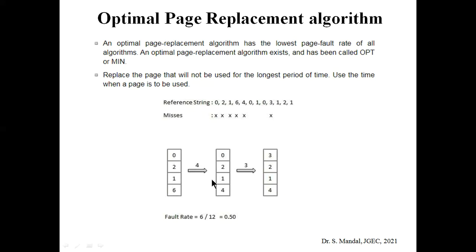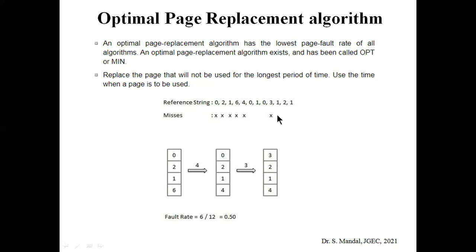And 4 has just come in the earlier replacement, so 4 will not be replaced, but 0 will be replaced by 3. So ultimately we get 3, 2, 1, 4. As 3 is replaced, that means there is a fault.